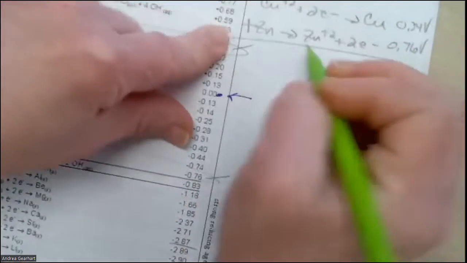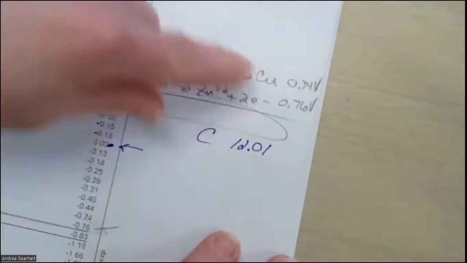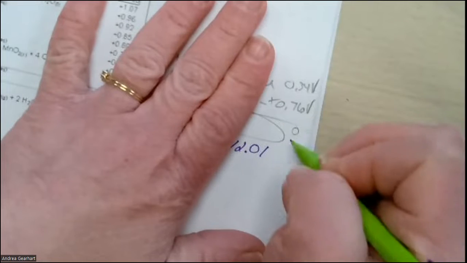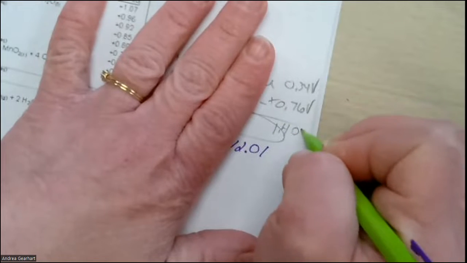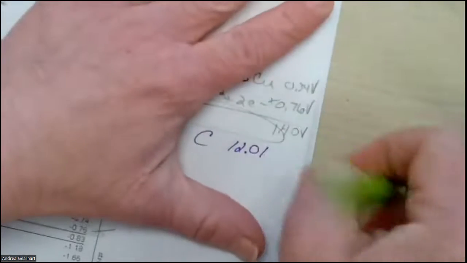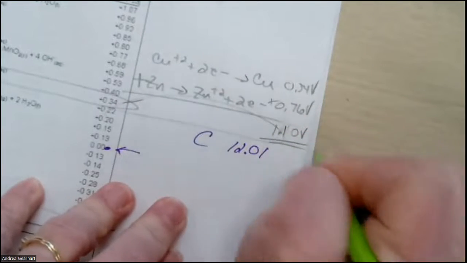When I add to get my overall reaction, just like we added prior, we can add these and we will get 1.40 volts, right? Oh my gosh, Mrs. Gerhardt, 1.10. Whew.